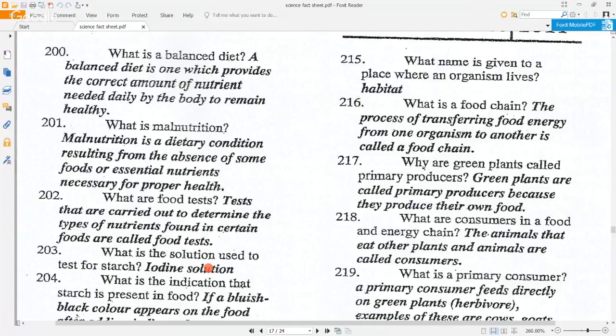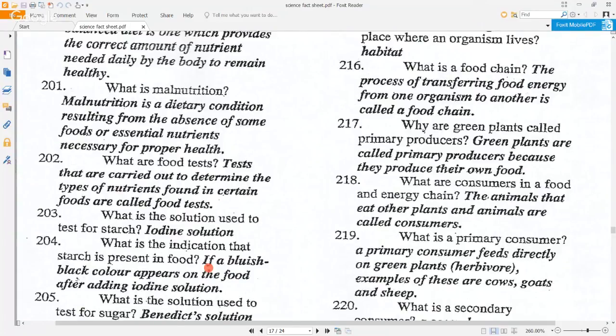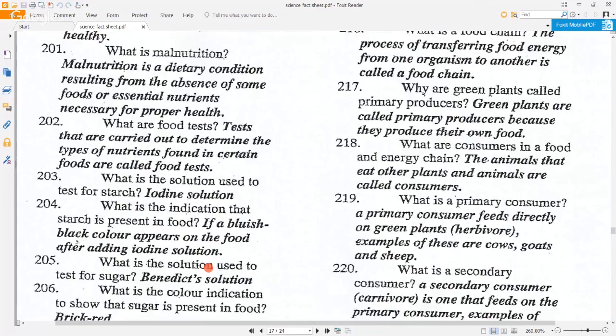Iodine solution. Again, for starch, iodine solution. What is the indication that starch is present in food? If it is bluish black, so if a bluish black color appears on the food after adding iodine solution, then we know that starch is present.